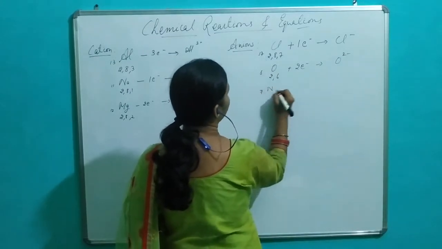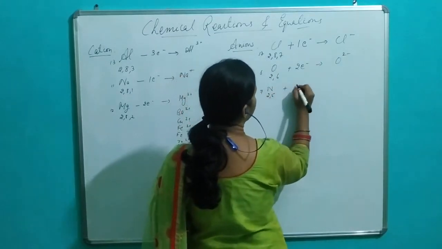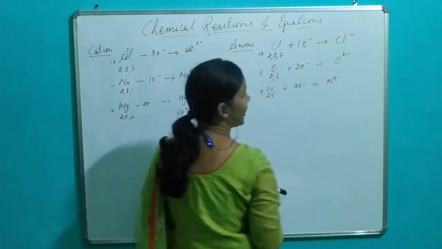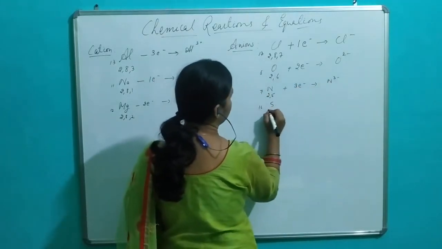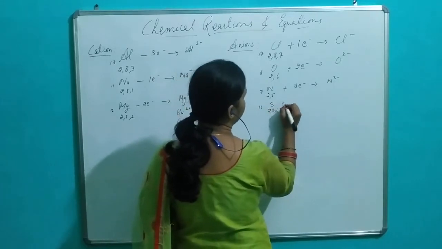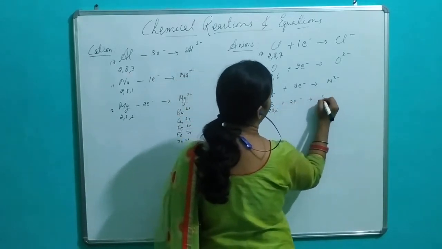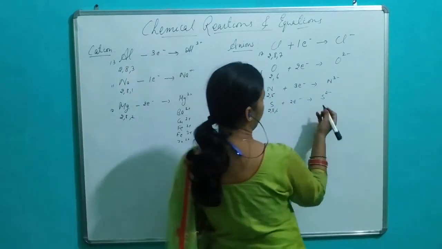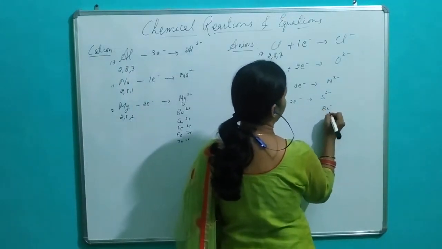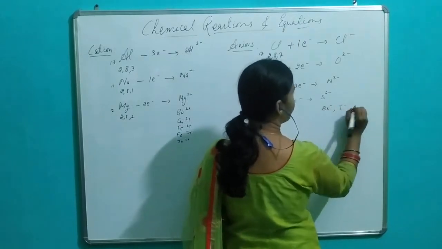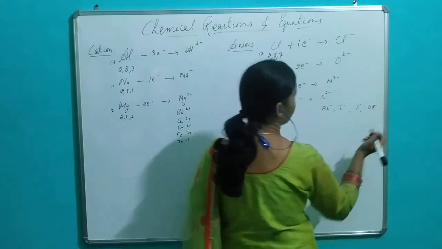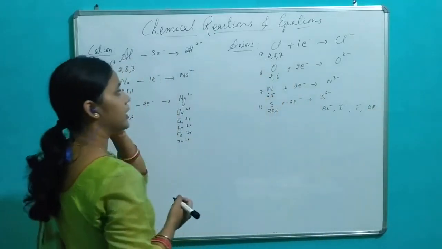Nitrogen is 7, 2, 5, can gain 3 electrons to form N3-. Sulfur is 16, 2, 8, 6, can gain 2 electrons to form S2-. Similarly, various other anions like Br-, I-, F-, OH-, all these are anions.